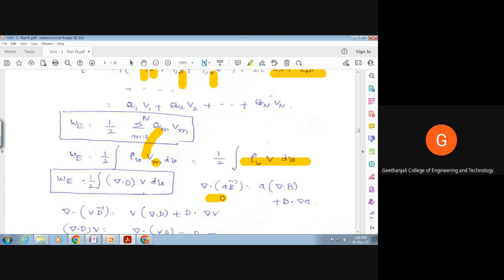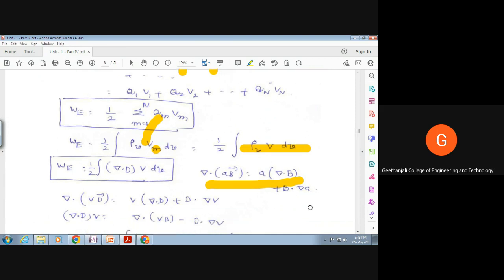So we have this vector identity. Suppose A is a scalar quantity, B is a vector quantity. Divergence of A into B is equal to A into divergence B plus B dot grad A. So divergence of V into D, suppose V is a scalar quantity, D is a vector quantity.